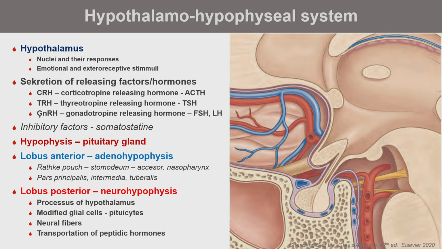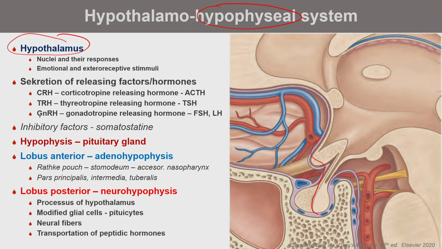Because the hypothalamus is close together and related to the hypophysis or pituitary gland, we're talking about the hypothalamo-hypophyseal system.